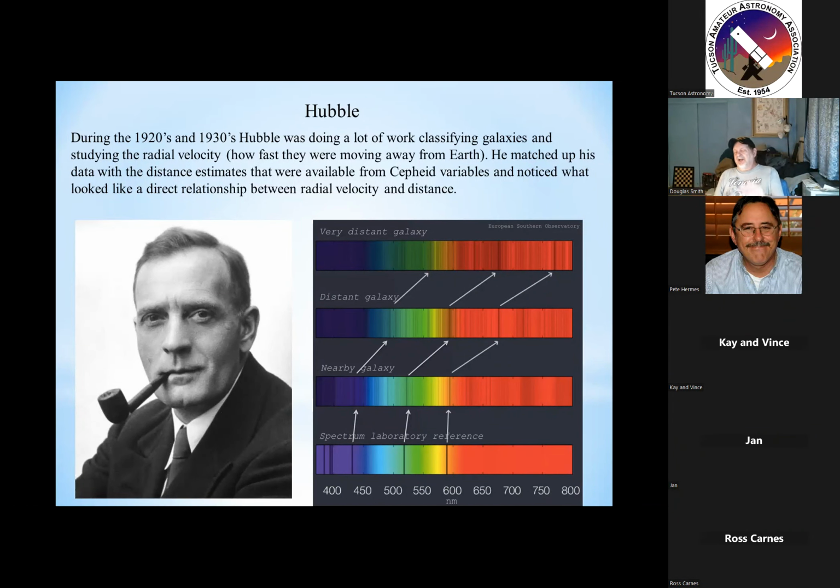And for the galaxies that you could get with Cepheid variables, because this was before the type 1a supernova was used, he was able to match up his redshift measurements with Cepheid variable measurements for distances, and he came up with the relationship now that we know of as Hubble's law.